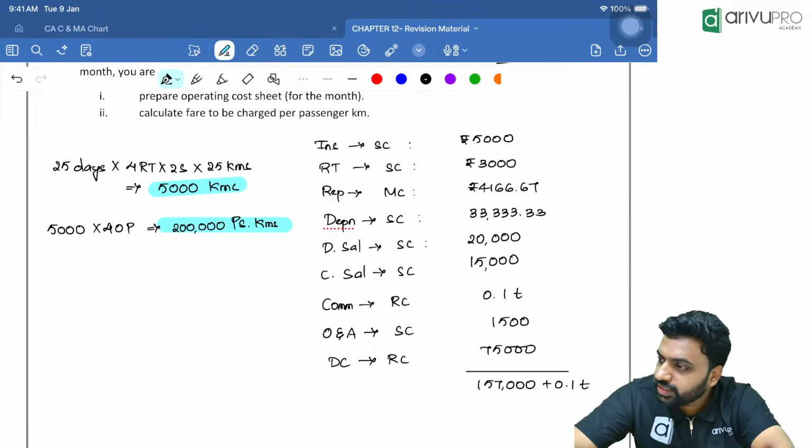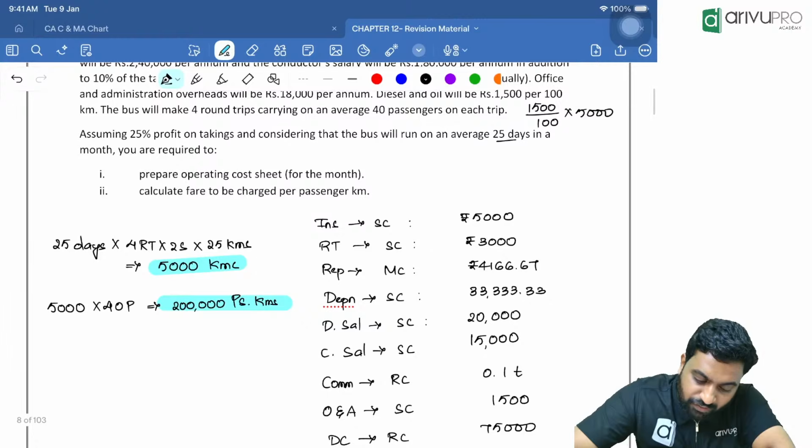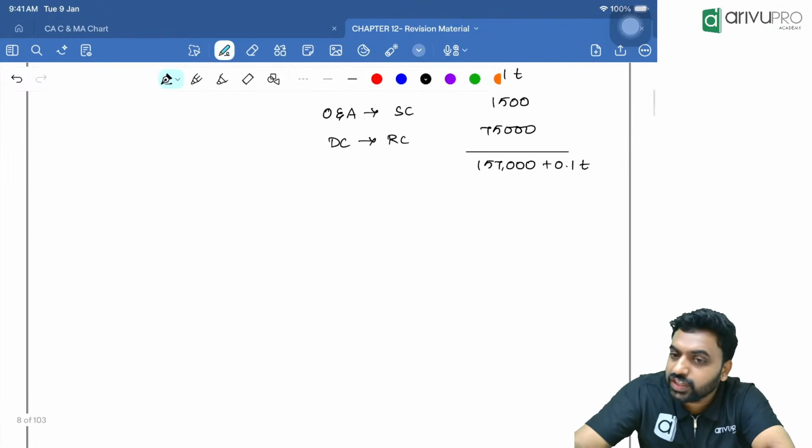Cost is 1,57,000 plus 0.20 T, and they are telling profit we are expecting is 25% on takings.